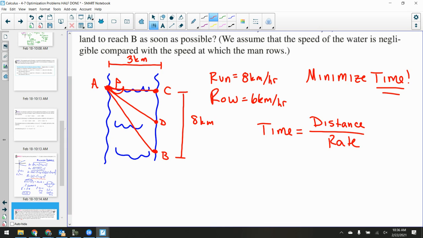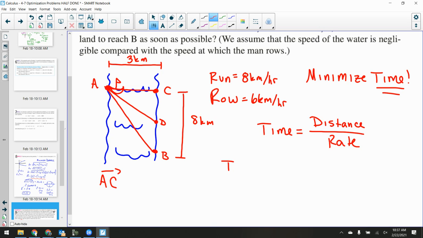All right, so if I'm thinking about just the time going to D, I could calculate the time to get straight across to C. What is the time going from A to C?